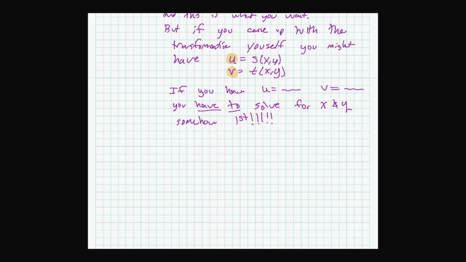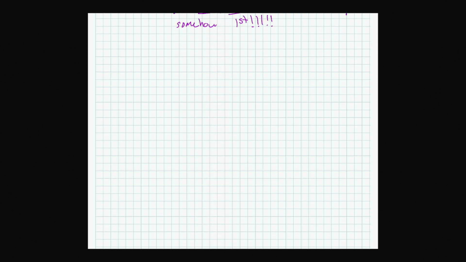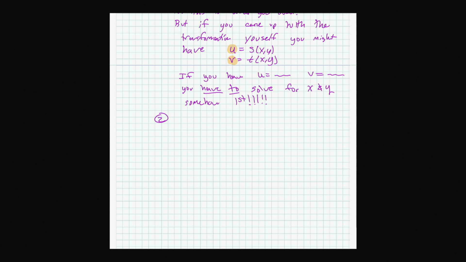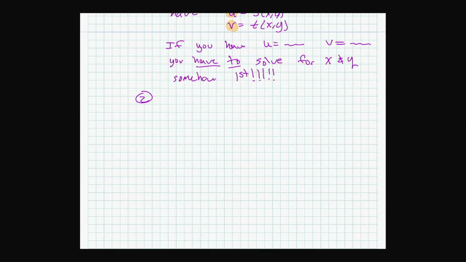Here's an example, again straight off the homework. That was number one. And then number two, after you have it in the correct form, if you do have x equals a function of u and v, y equals a function of u and v, then just compute.